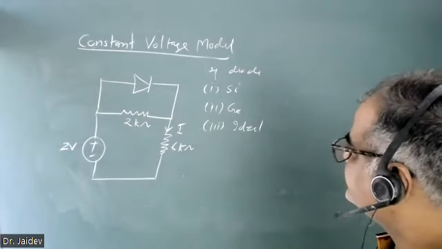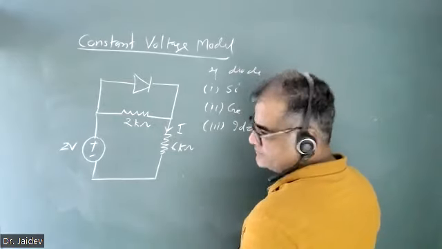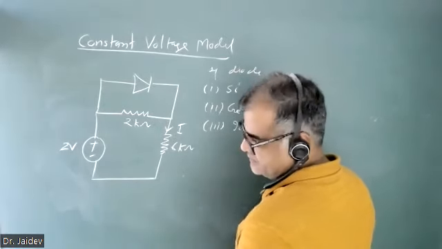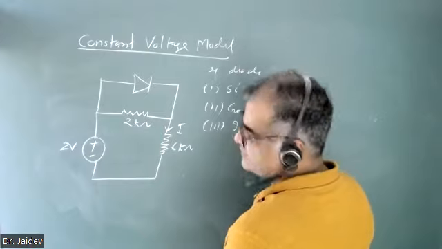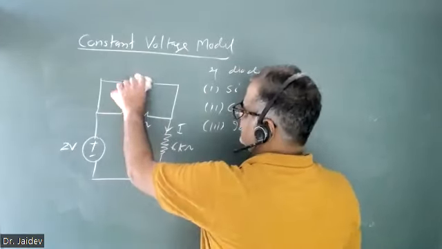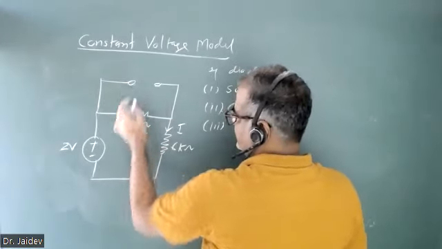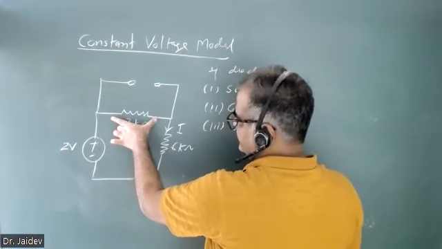Now first, the diode is silicon. Sir, open, 0.5 V, silicon will not conduct. Yes, very good, this is how to check. Always first check what the open circuit voltage is. Make it open and check how much voltage is coming across this one.